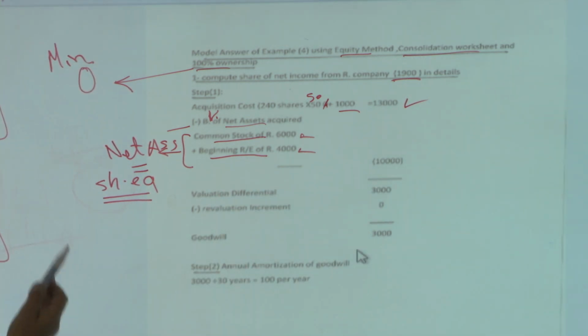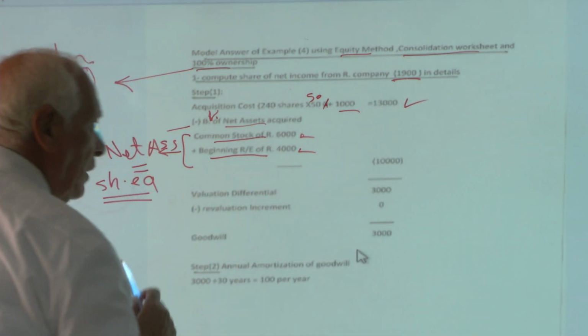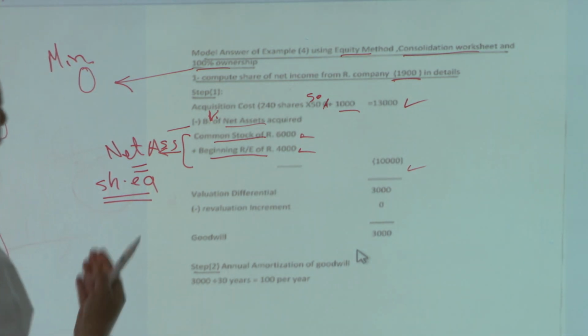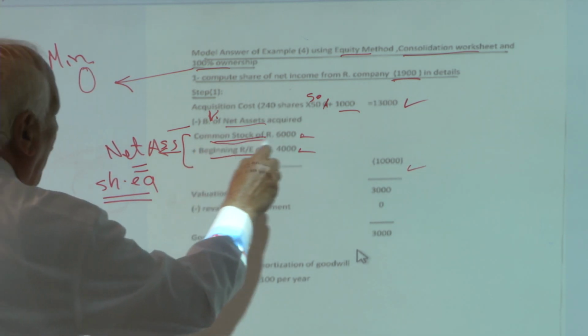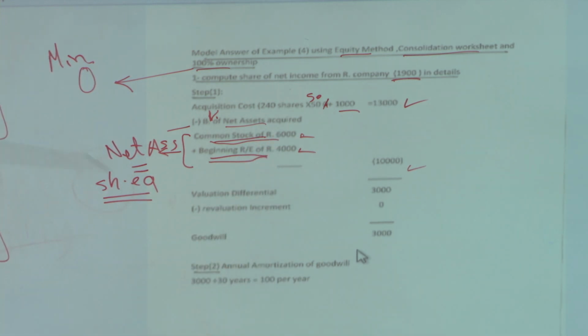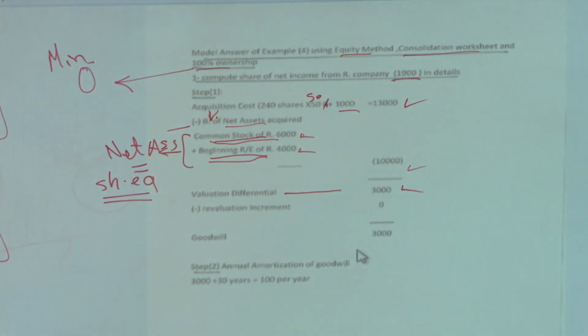Now you have 2 big numbers. The first one, acquisition cost, 13,000. The second one, 10,000, is the book value of the net assets acquired. How do I get it? Don't take it from assets and liabilities; take the common stock of R and the beginning retained earnings of R, add them together, and it gives you 10,000. The difference between these two we call the valuation differential.